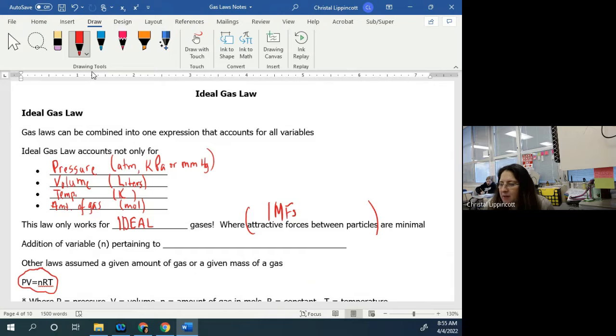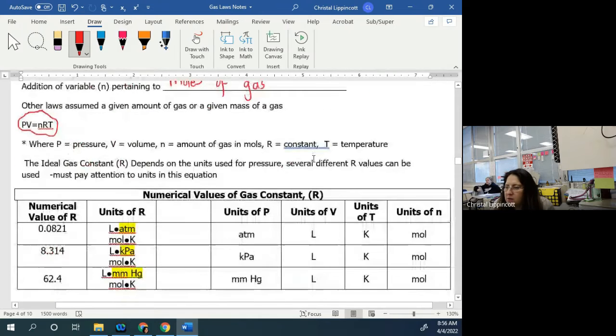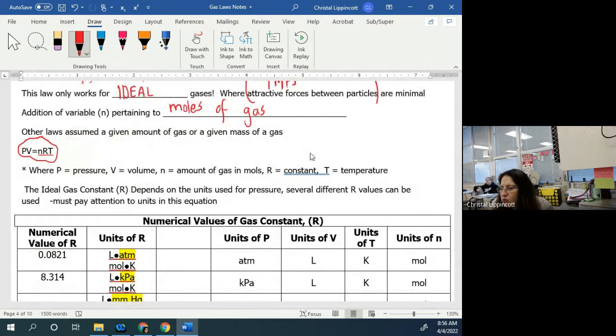We are adding in this n variable, which is the moles of gas. All of your other laws that we studied up to this point assumed that you had a given amount of gas and you didn't have to worry about that. But now we're taking that into account. So pressure times volume equals moles of gas times R, which is a gas constant, times the temperature.